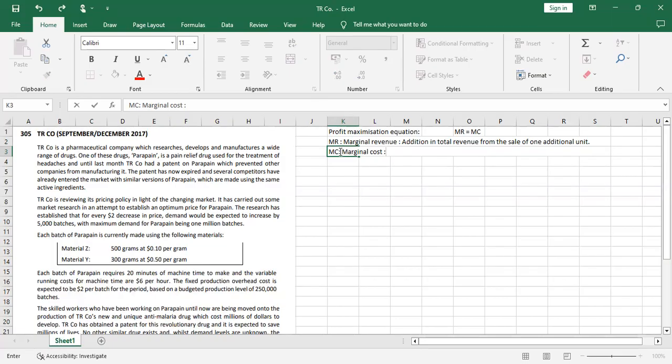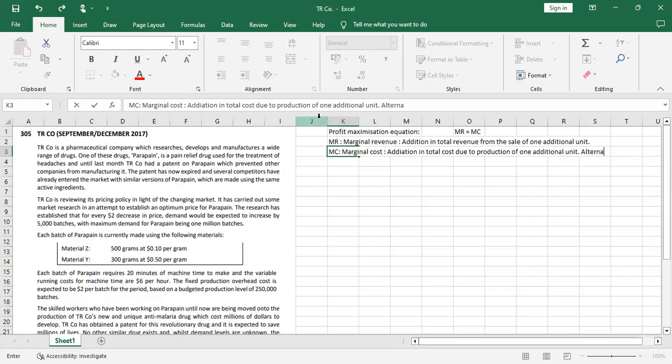Or marginal cost is also called variable production cost per unit.